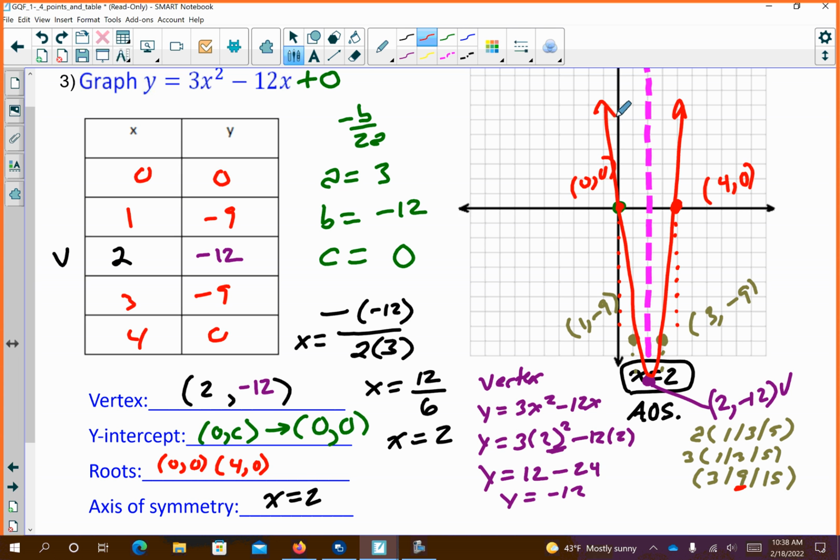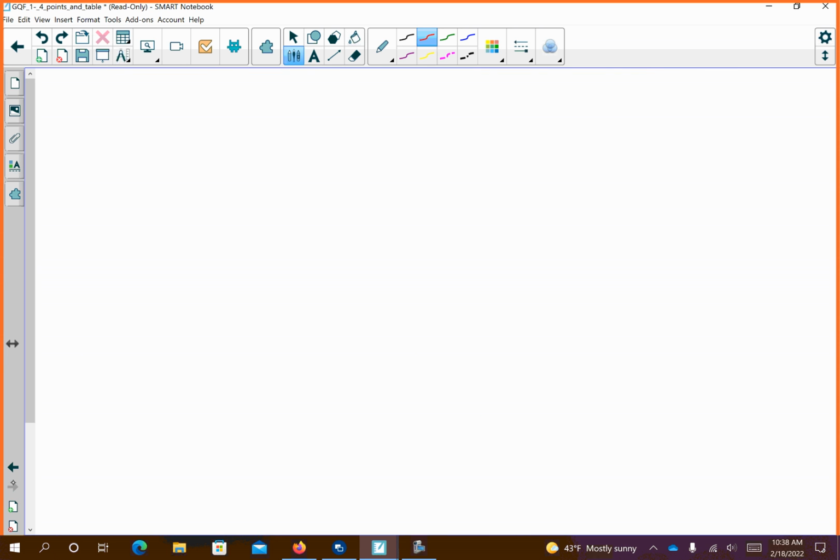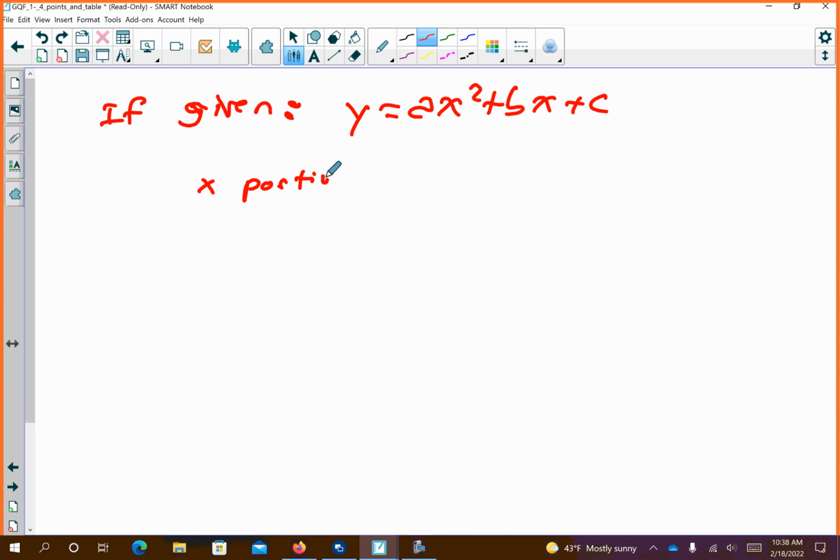So let's kind of sum up. Let's get some rules in place. If given y equals ax squared plus bx plus c, we can find the x portion of the vertex and the axis of symmetry by doing x equals negative b over 2a.